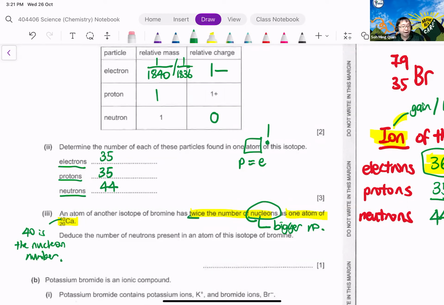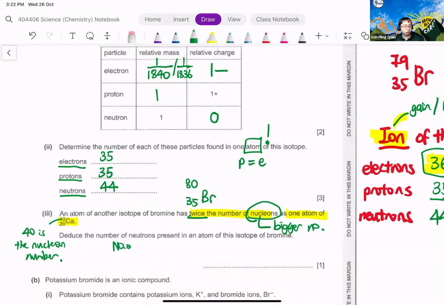Now, if it has twice the number of nucleons, means this bromine isotope will have 80, right? Twice of 40 is 80. So the nucleon number of this isotope is 80. The proton number won't change. The proton number must still be 35 because isotopes have the same number of protons. So how many neutrons?